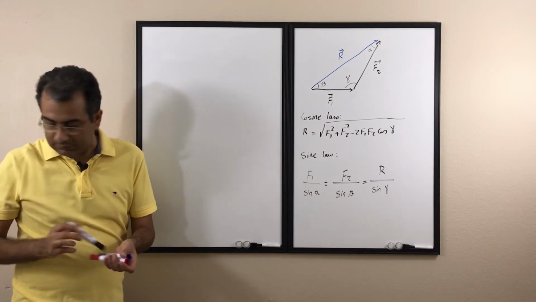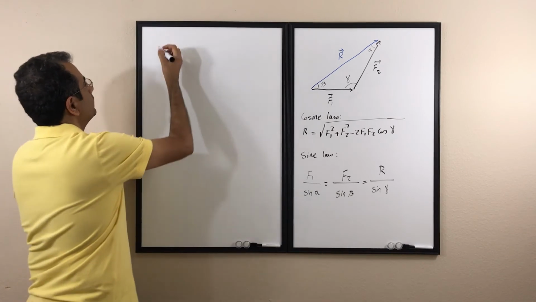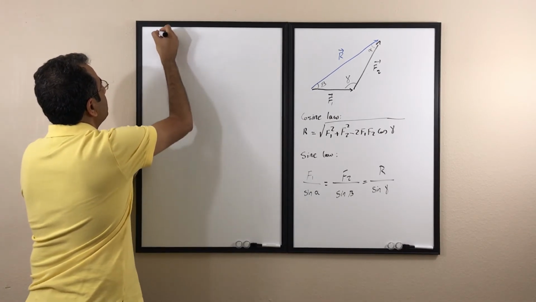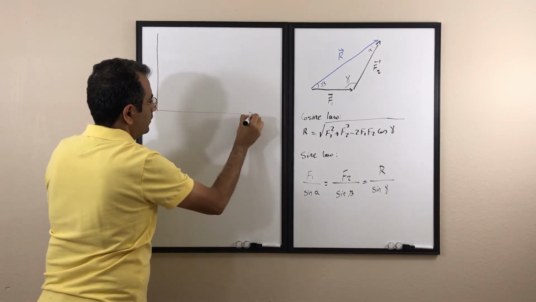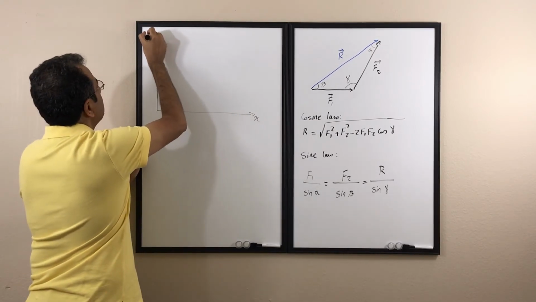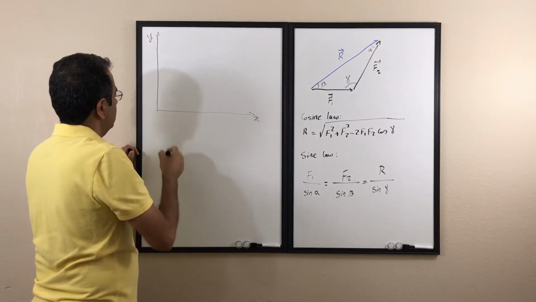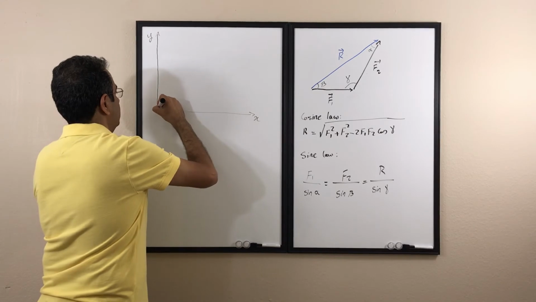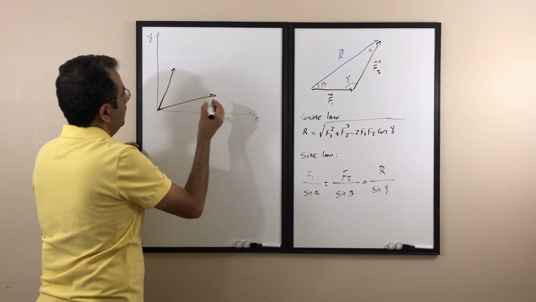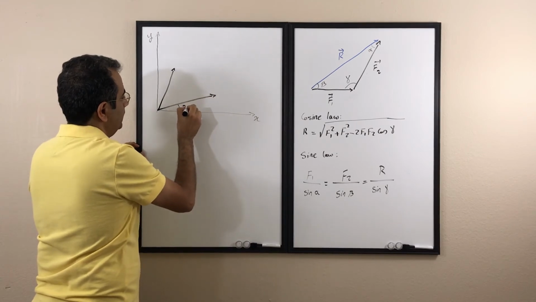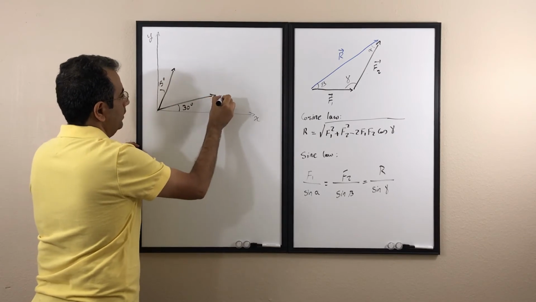So assume that we have two vectors. If this is the x-axis and this is the y-axis, we have two vectors here and one vector here. Assume this is going to be 30 degrees, this is going to be 15 degrees.